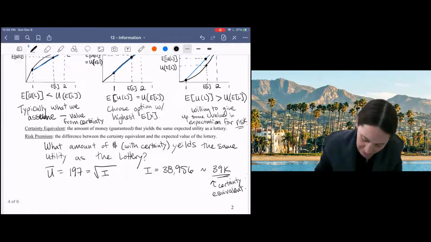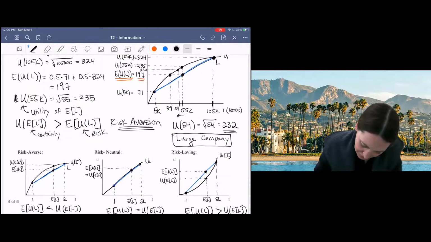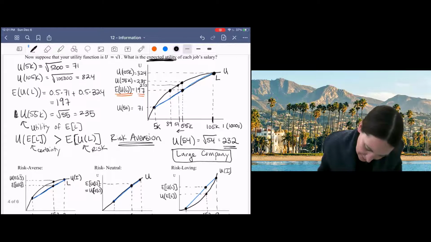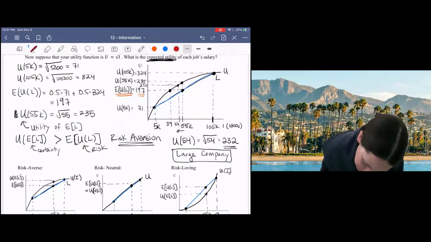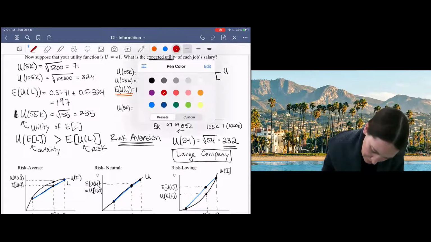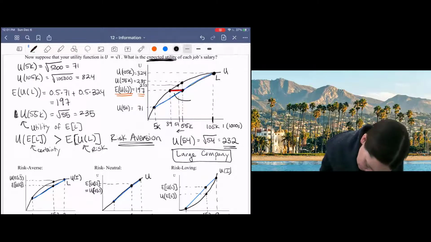And then, like I said, we can actually look at the amount of money that this person is willing to give up in expectation in order to reduce risk. So this distance here between the expected value of the lottery and the certainty equivalent is what we call the risk premium.